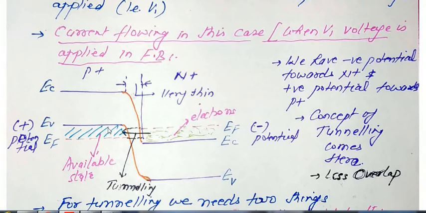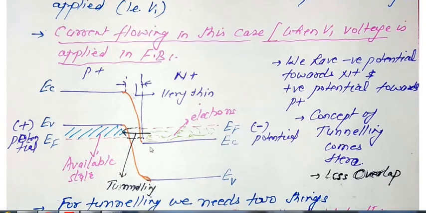So these electrons go through this barrier instead of surpassing it, and this process, which we can see with the help of this black arrow, is tunneling. Because of this, some current will flow.